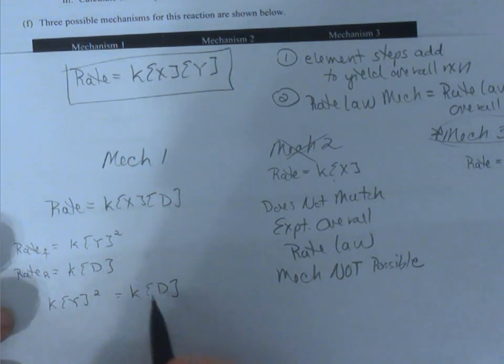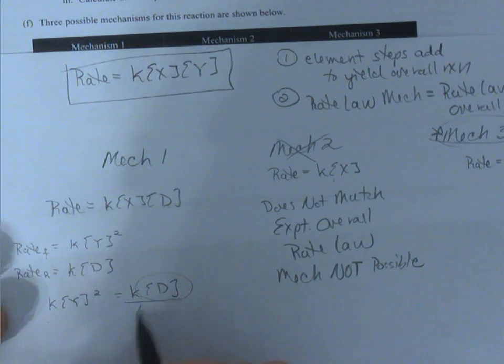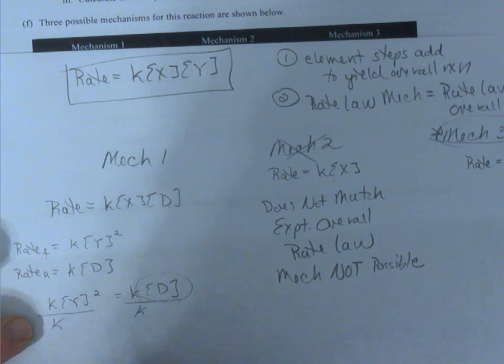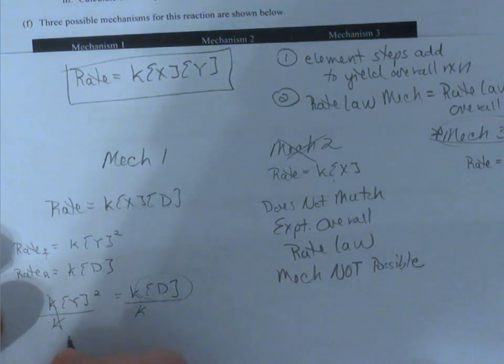So I want to solve this expression for the reaction intermediate. I'll divide both sides by the k of the reverse reaction, but the forward divided by the reverse will just be a new k value, and that is equal to the concentration of D. I now plug in.